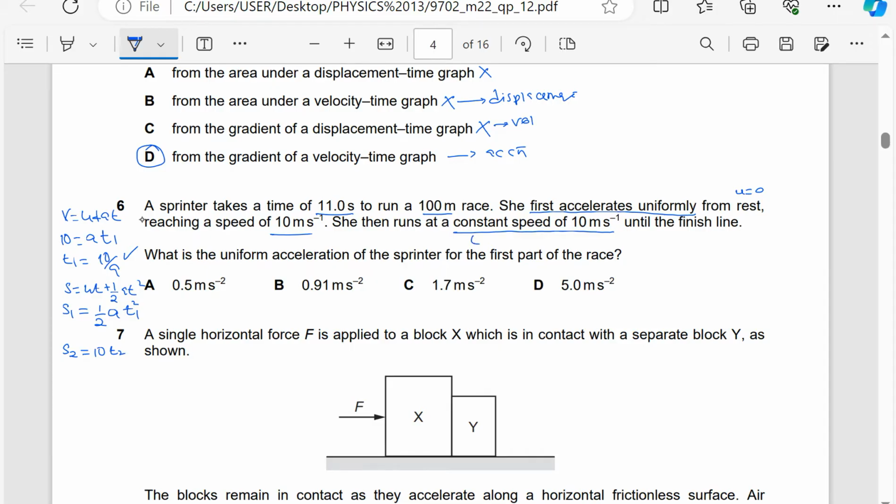The time here is t2, the time here was t1.